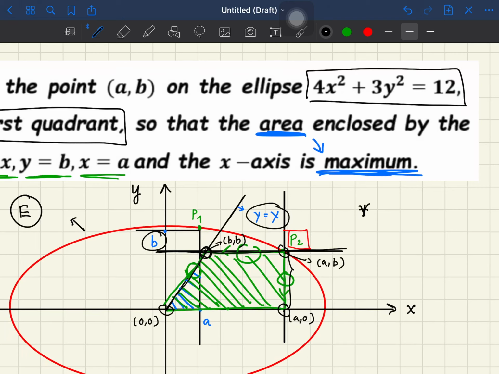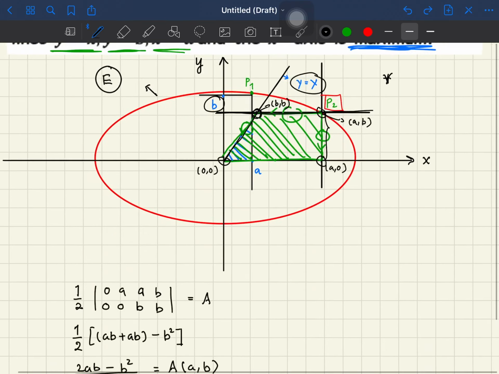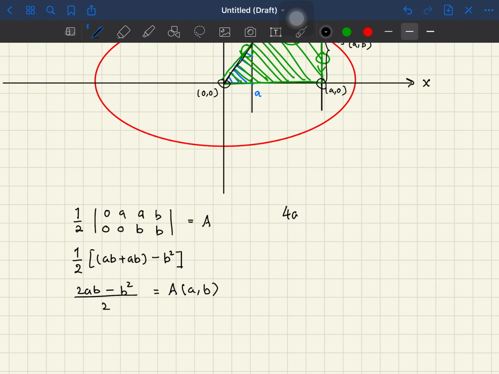We know that A is a point on the x-axis, so x equals to A, and then B equals to the value on the y-axis, which is this one. And so we can just substitute y with B. And so we can get 4a squared plus 3b squared equals to 12.